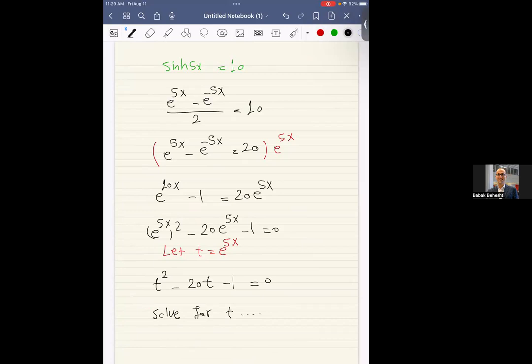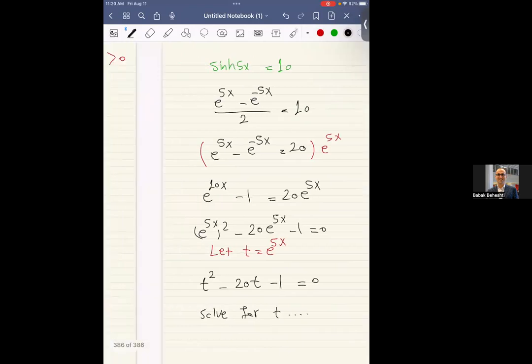So if you solve for t, you find the value of t, but t is e to the power 5x. So that means e to the power 5x, for instance, equal to 5 or 10, whatever. Then you can find x, right? Is that clear? Is this clear, anyone? Okay, good.